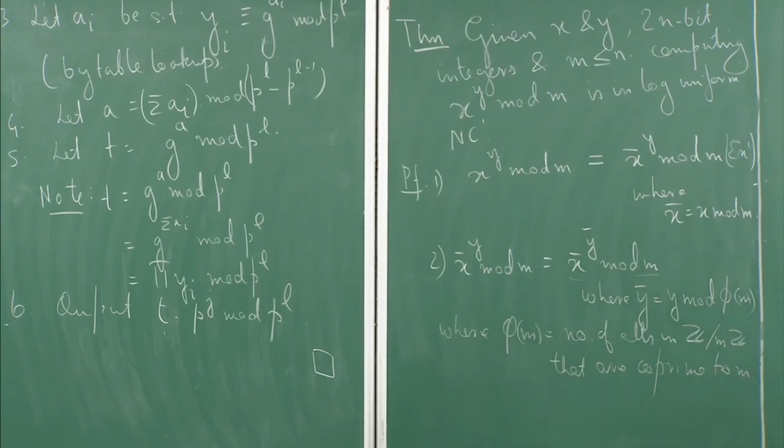Yeah, you have to do repeated squaring, which is fine because the numbers are small now. So by brute force I meant repeated squaring only.